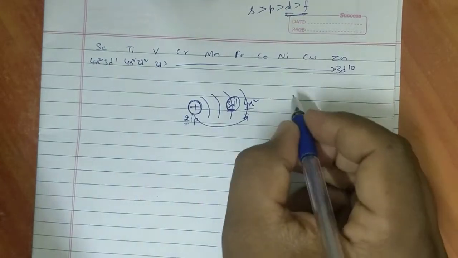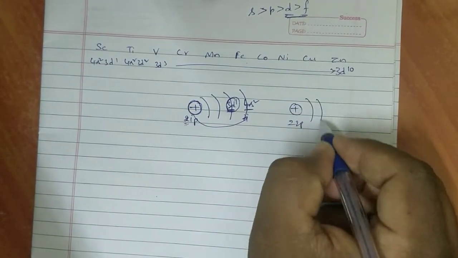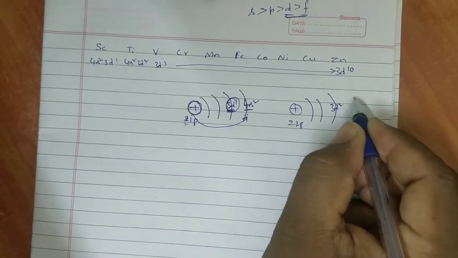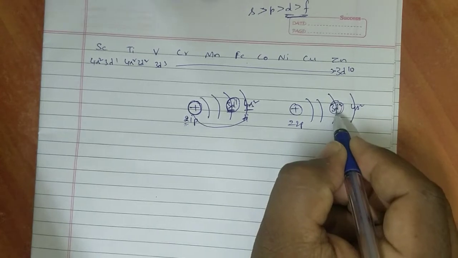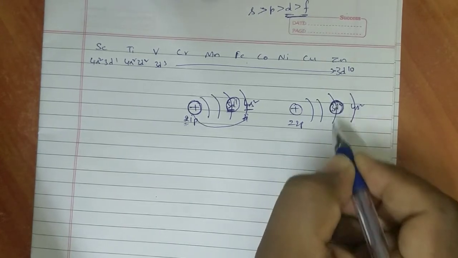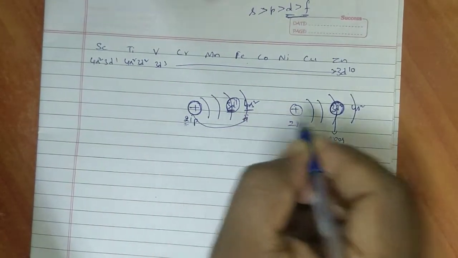Now coming to titanium, 22 protons are there. 3d contains 2 electrons, 4s2. 3d electrons have weak shielding effect; they will not cause that much shielding effect. Here also poor shielding effect, but here 1 electron, here 2 electrons.